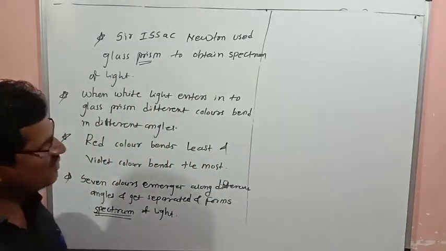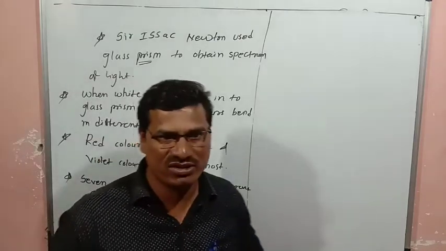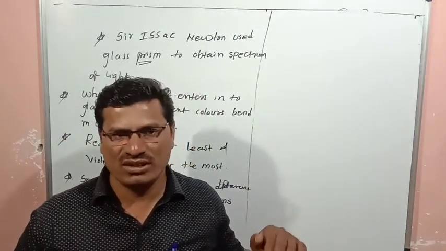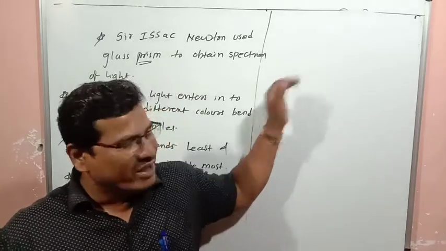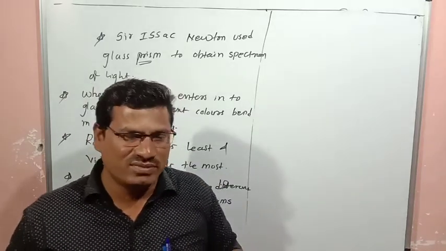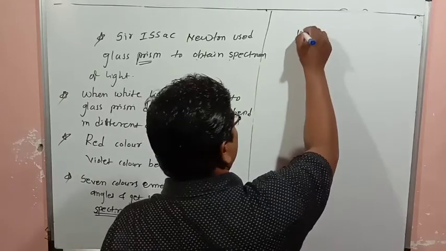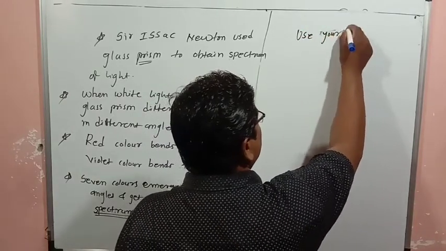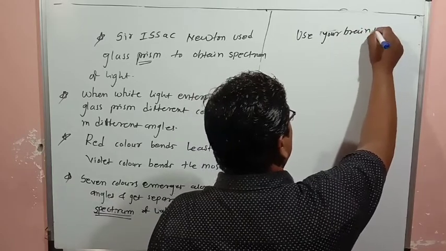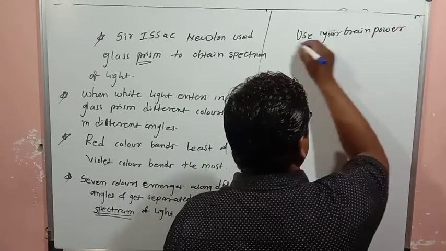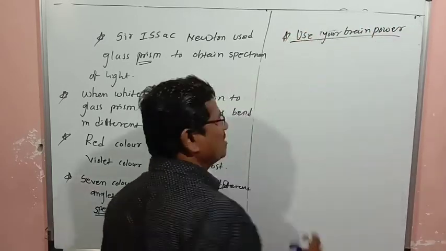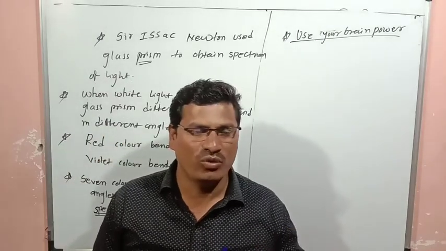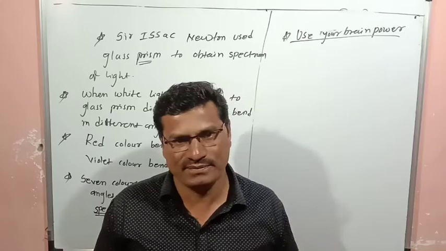So next thing is there, use your brain power. In that 2 questions are there, so we'll discuss them. First question is, by using 2 prisms, how will you obtain white light?